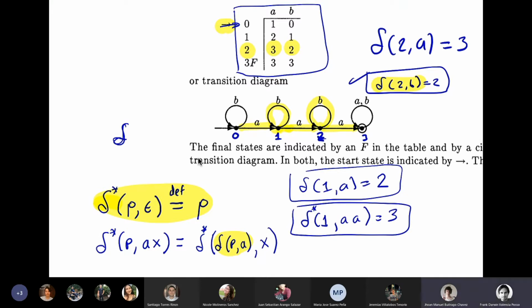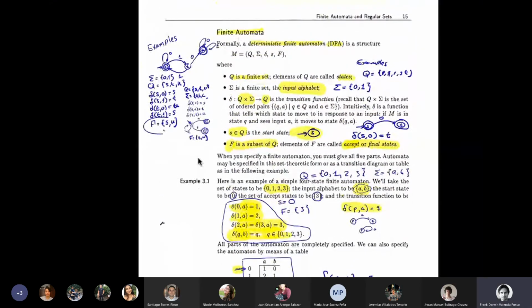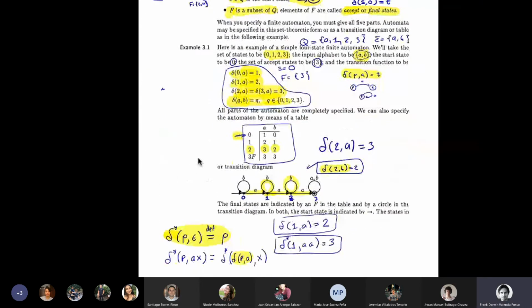Very good. So I'll try to draw the idea that you got here. Let me see if we have a better example.